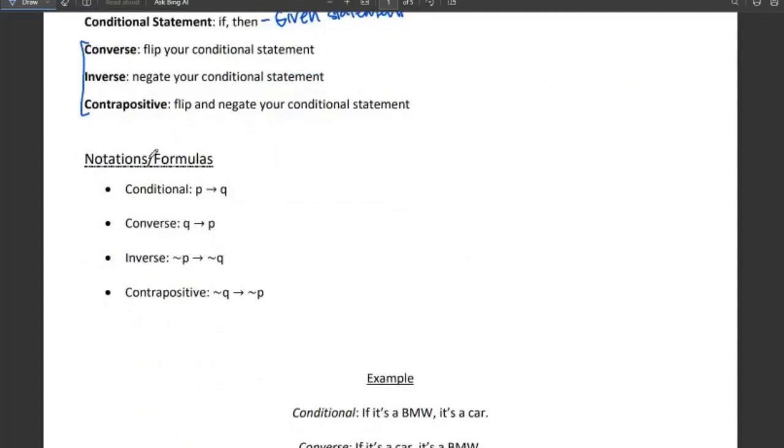And then for the notations and formulas, this is just like an example. This is like if we were starting with P and Q representing a statement. So let's say that P is it's cloudy, and then Q is it's raining.